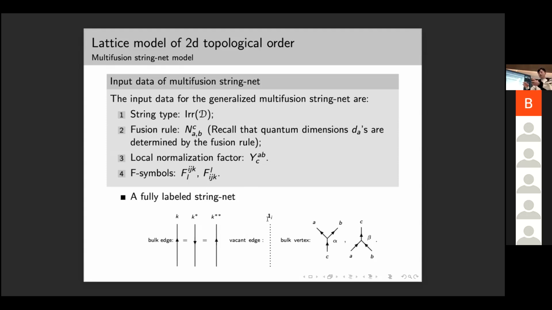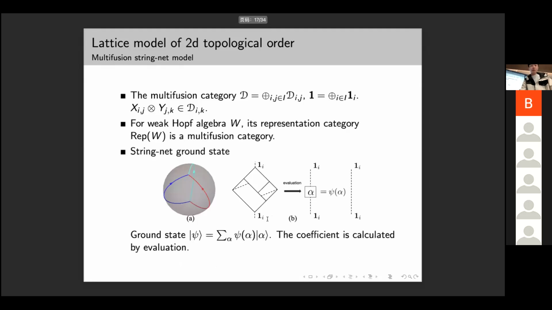So there is just some corresponding component of this Y_i that can fuse with this simple object. It cannot be fused arbitrarily, because there is some grading structure for the multi-fusion category. And for the vertex, we just label the vertex with the morphism in this fusion space. This is completely the same as the Levin-Wen model.